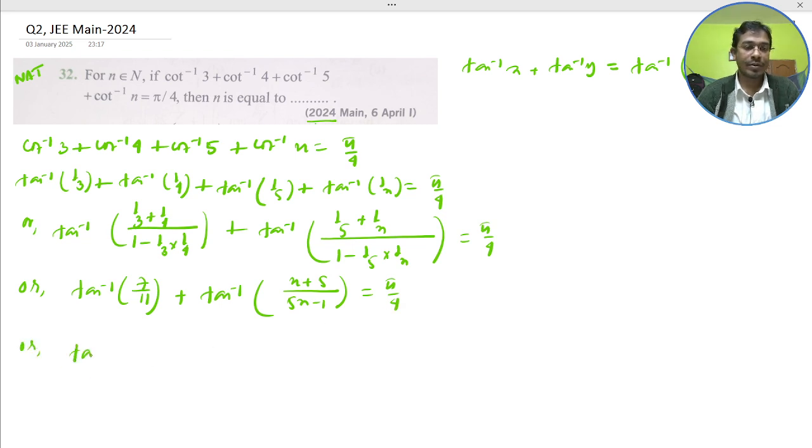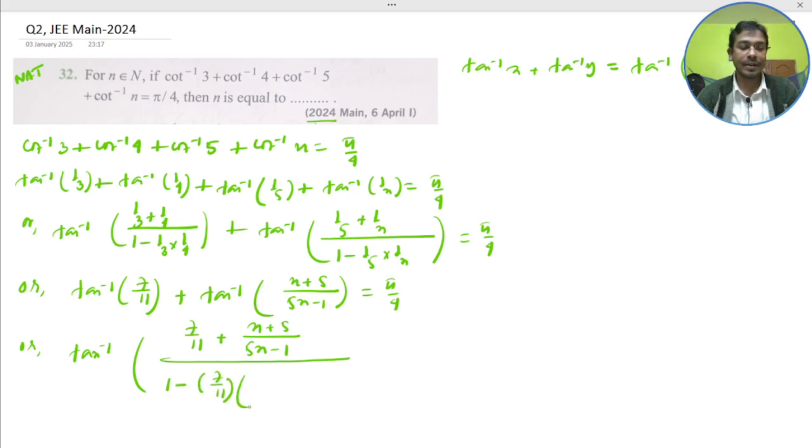So next one, tan inverse 7 by 11 plus (n + 5) divided by (5n - 1), just use the formula again: (7/11 + (n+5)/(5n-1)) divided by (1 - 7/11 × (n+5)/(5n-1)) would be equal to pi by 4. Just calculate.